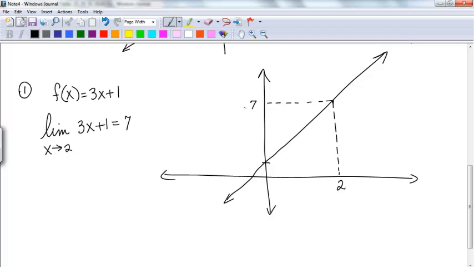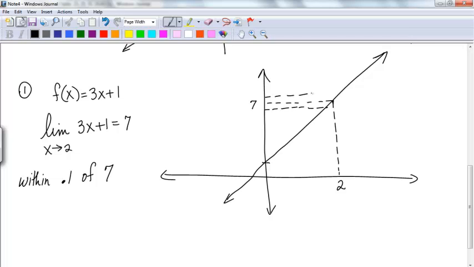Now let's say I want this within 0.1 of 7, and I want to know what this interval about x is.